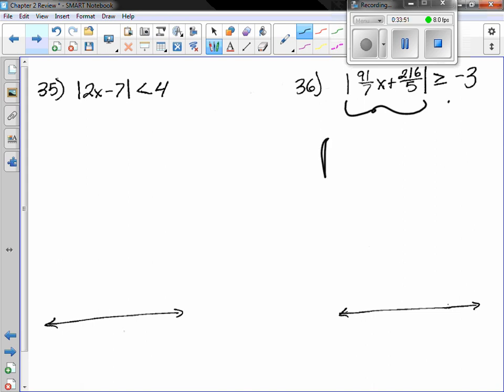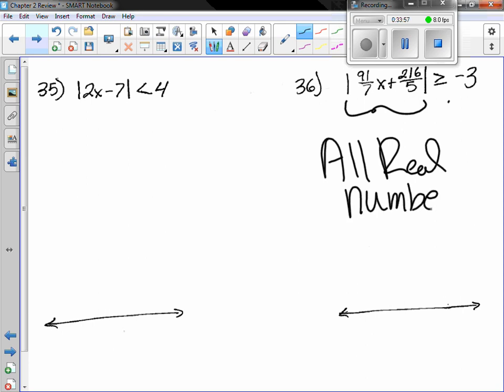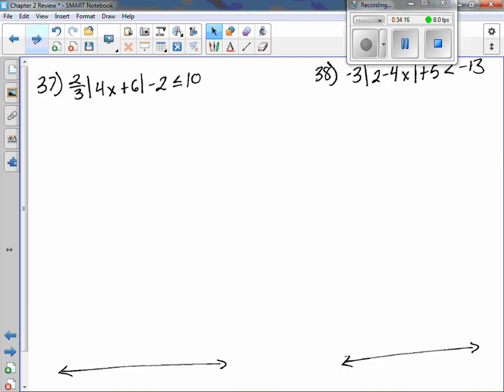So this here is all real numbers. It's always going to work out that the absolute value of anything will always be greater than or equal to 0. So it's always going to be greater than or equal to negative 3. It'll work out every single time.